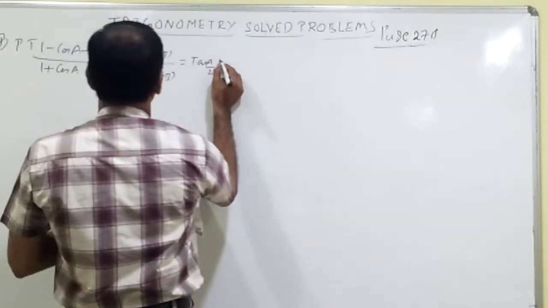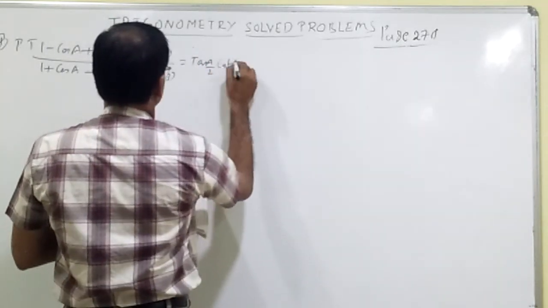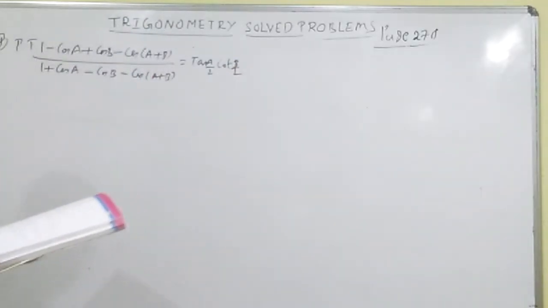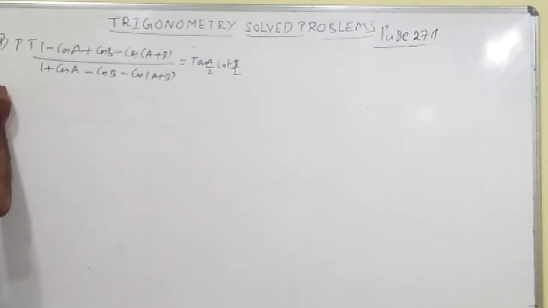This is RHS: tan a by 2 into cot b by 2. Take LHS.